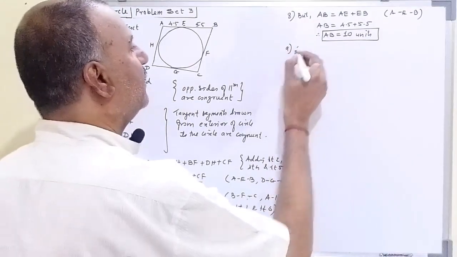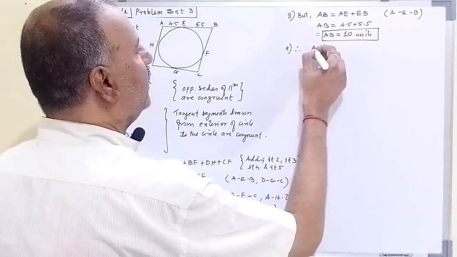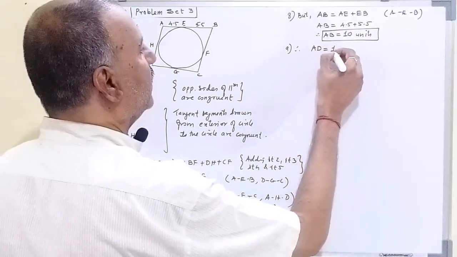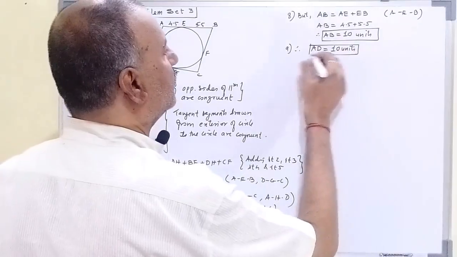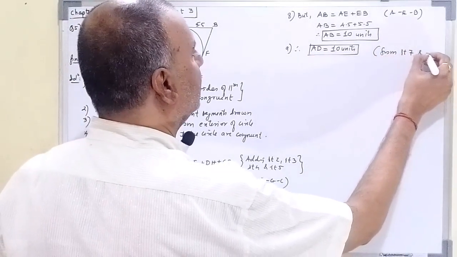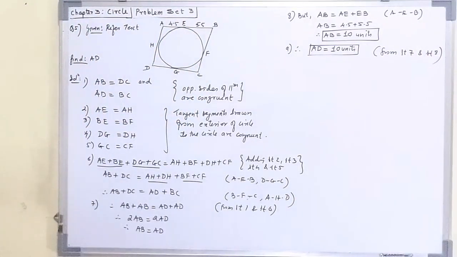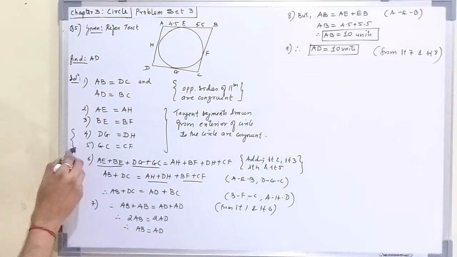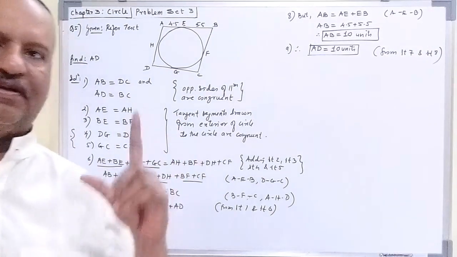Step number 9. Therefore we get AD is equal to AB. Therefore AD equal to 10 units. This is from statement 7 and statement 8. Okay. सिर्फ यहाँ आपको देखना है. You take care. इसको अरेंज प्रॉपरली किया करो.